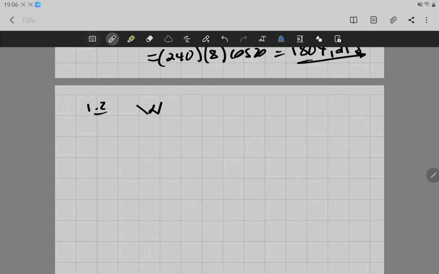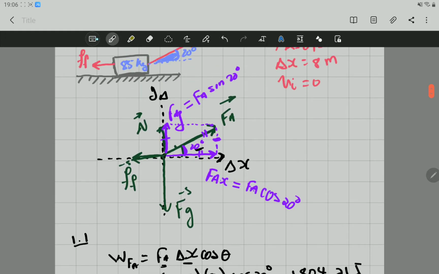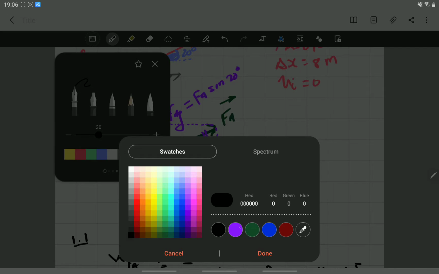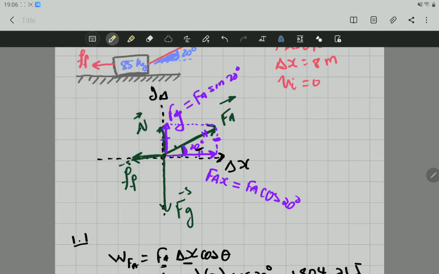So the work done by the frictional force is equal to frictional force multiplied by displacement multiplied by the cosine of theta, the angle between force and displacement. All right, so if we go here to the sketch, it cannot be green, otherwise we're going to get confused. Let's get this color. So the displacement is seen in the x-axis and the frictional force is there.